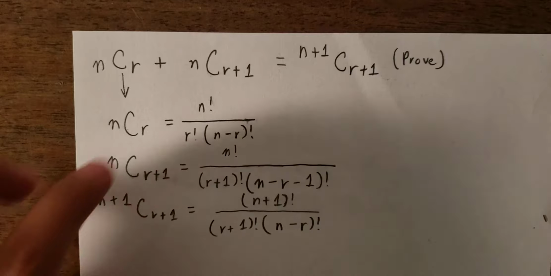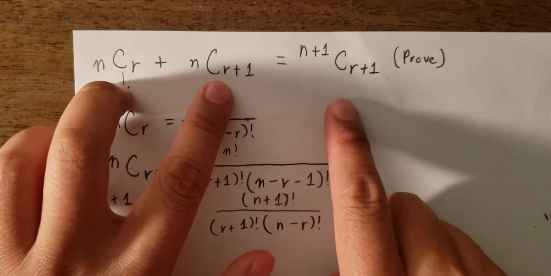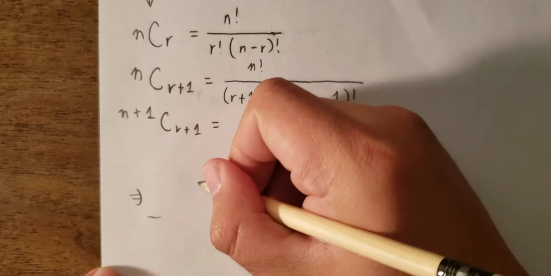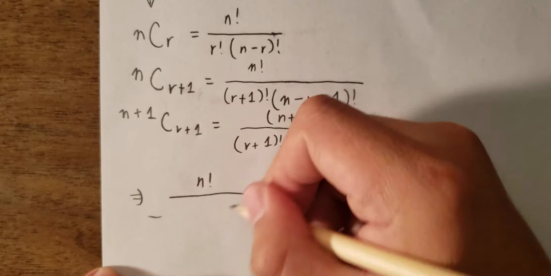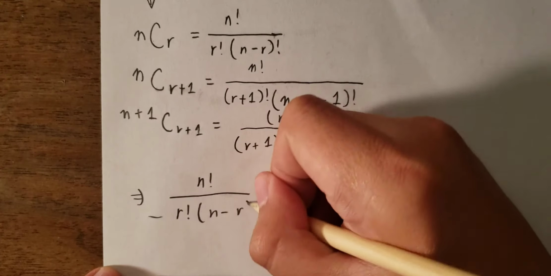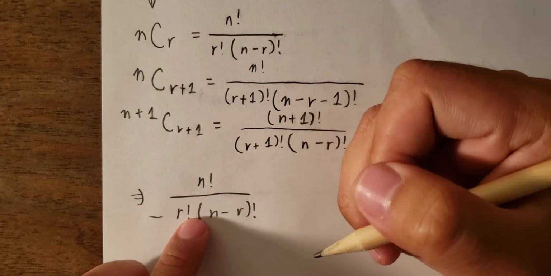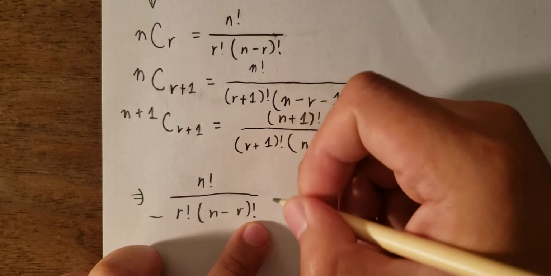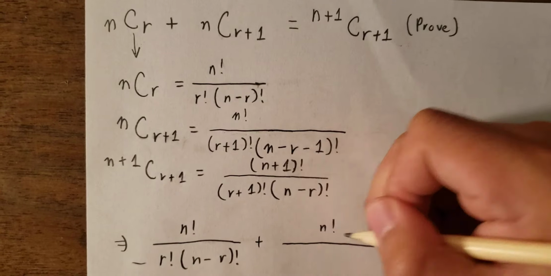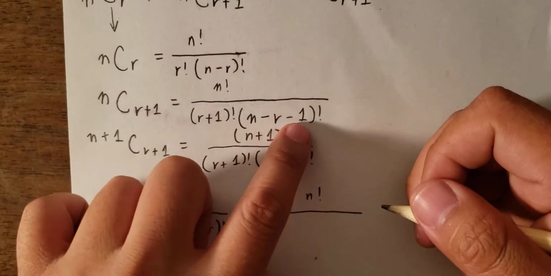So now we will convert the left side to become n factorial divided by r factorial multiplied by (n minus r) factorial, plus n factorial, and we have this one.